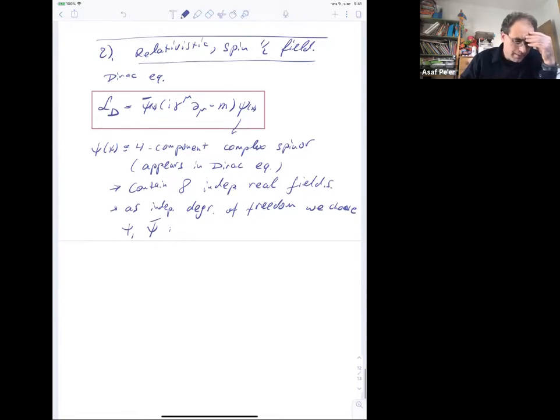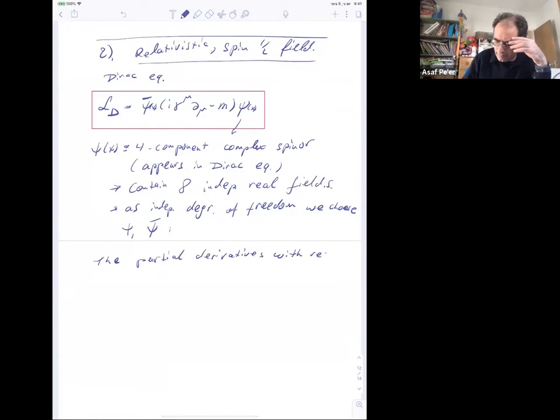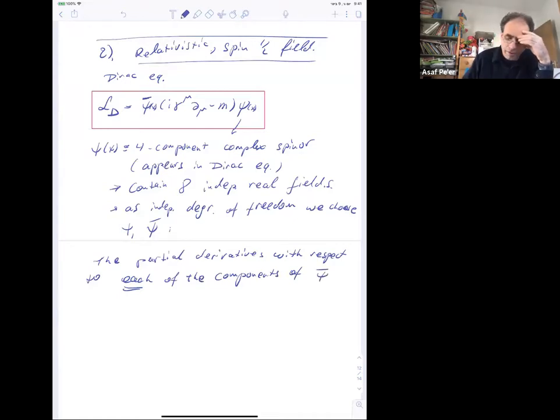So the partial derivatives with respect to each of the components of the adjoint spinor psi bar.